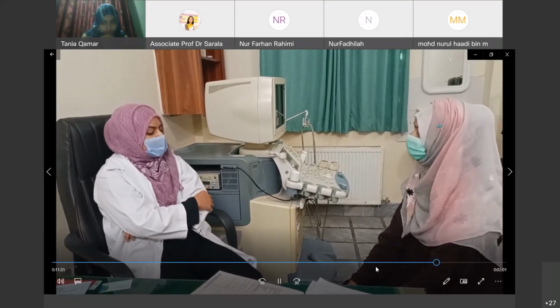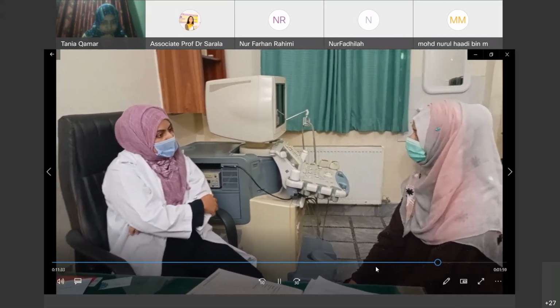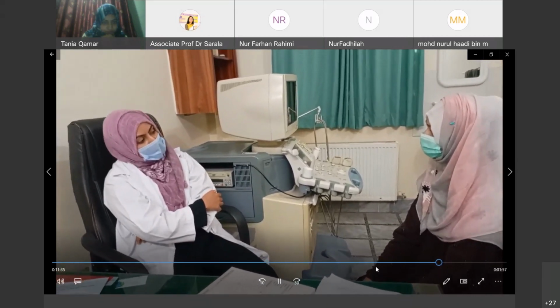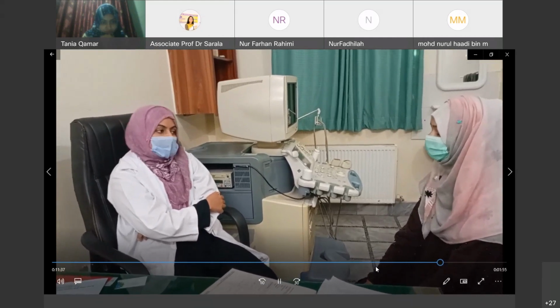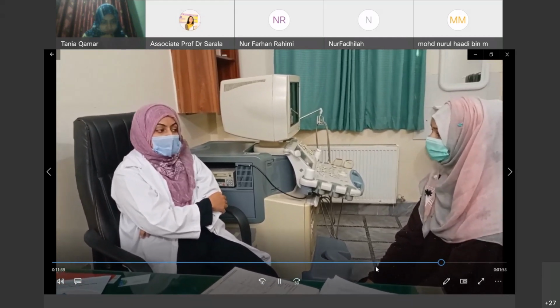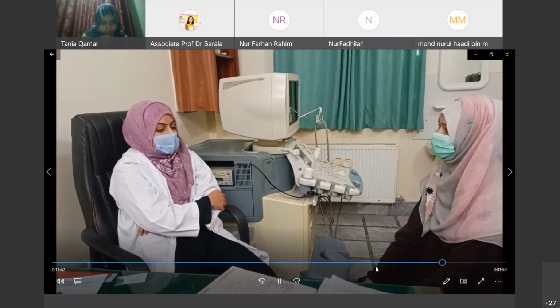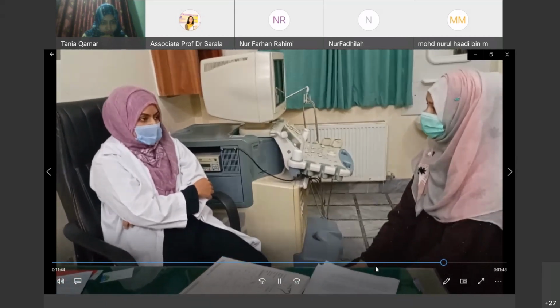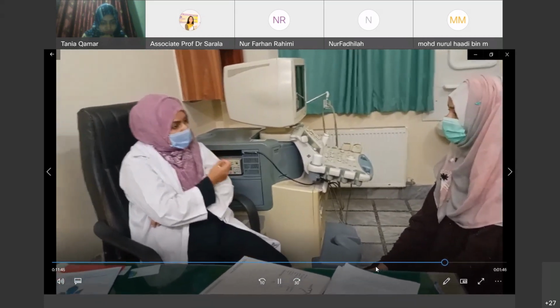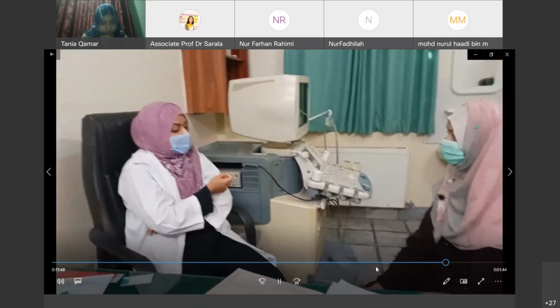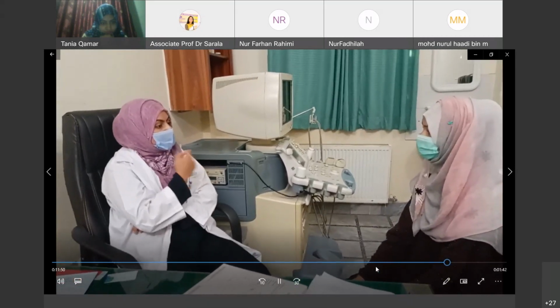If you give positive commands to your mind and brain, you behave like a positive person. But when you give a negative command to your mind and brain, then you behave like a negative person. Mind and brain follow all instructions.